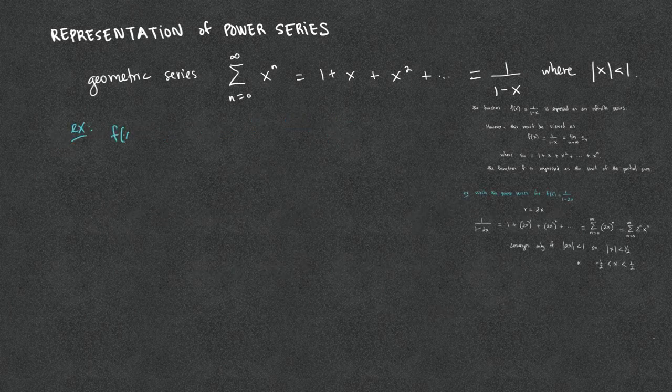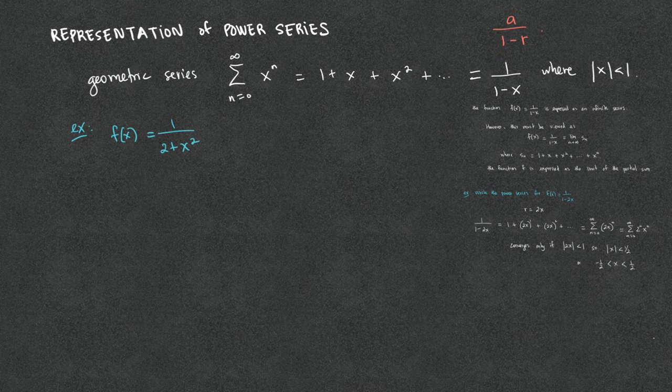As you see, the geometric series is used extensively when we rewrite a function in terms of an infinite series. For example, f of x equals 1 over 2 plus x squared. It is not of the form 1 over 1 minus x, but if we can rewrite it as a over 1 minus r, then we can express this as a geometric series.